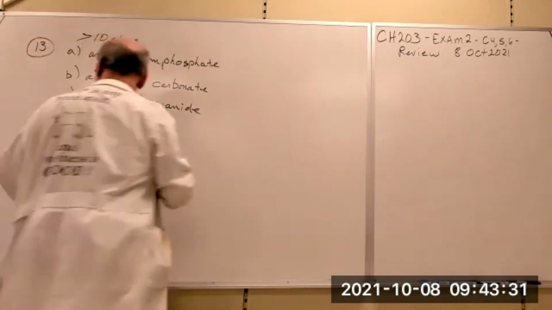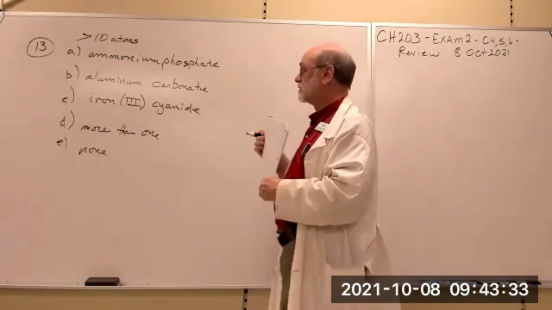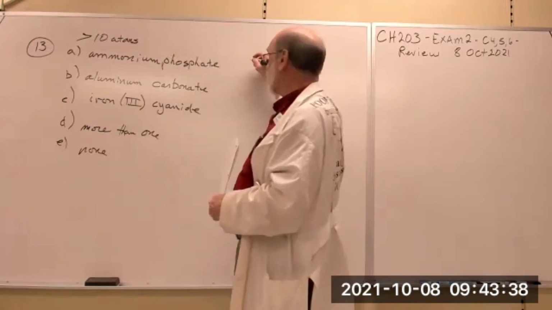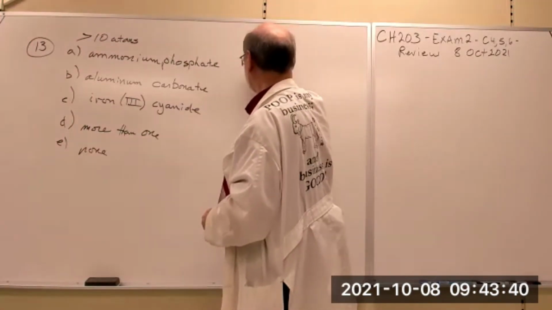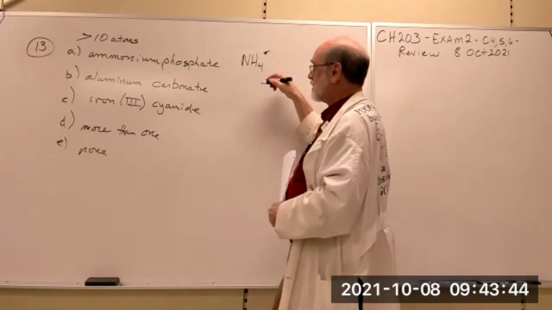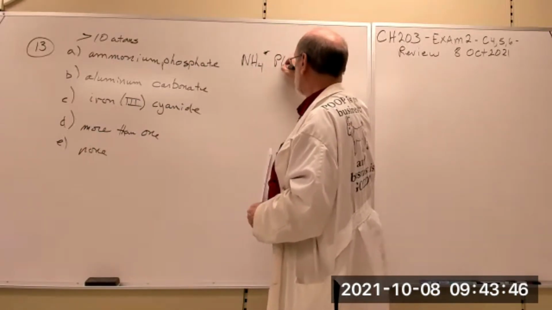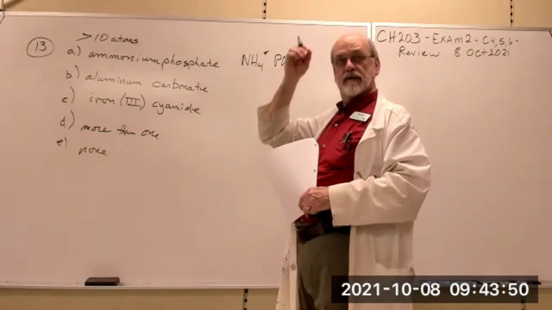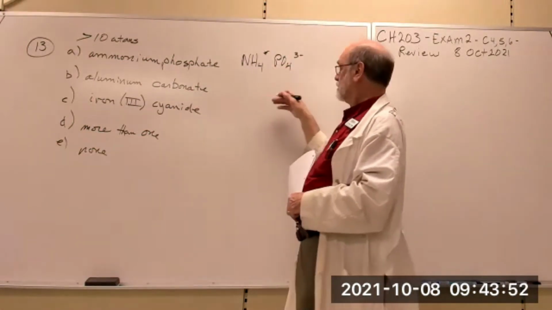All right, so we have to write formulas. This one has ammonium. We did that one before. It's ammonium like that, with a +1 charge. Phosphate has a 3- charge, right? So balance the charges.